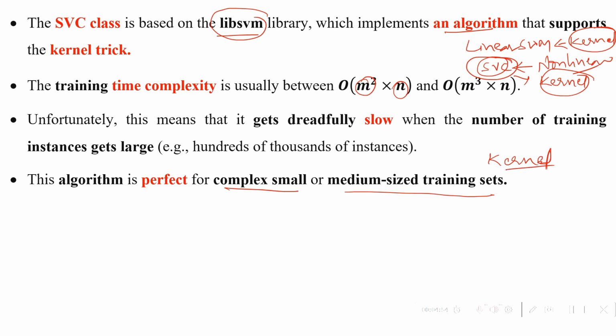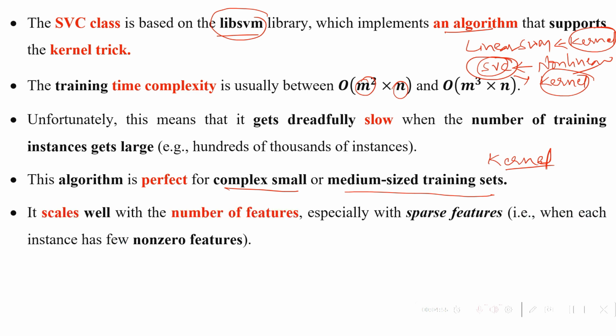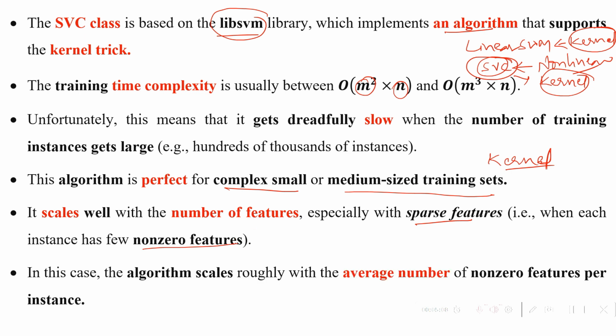It scales well with the number of features, especially sparse features, where each instance has few non-zero features. In this case, the algorithm scales roughly with the average number of non-zero features per instance.